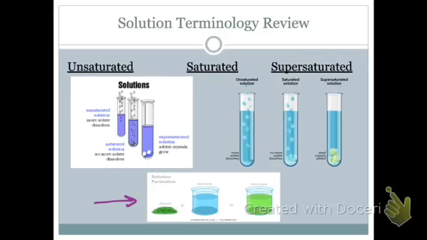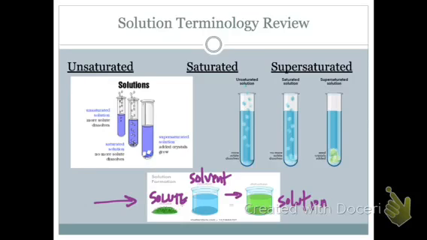So you've got a solute, which is the thing that gets dissolved, and it gets put into the solvent, and then together it makes the solution. So the thing that gets dissolved is the solute, the thing that does the dissolving is the solvent, and the two of them together is going to make the solution.